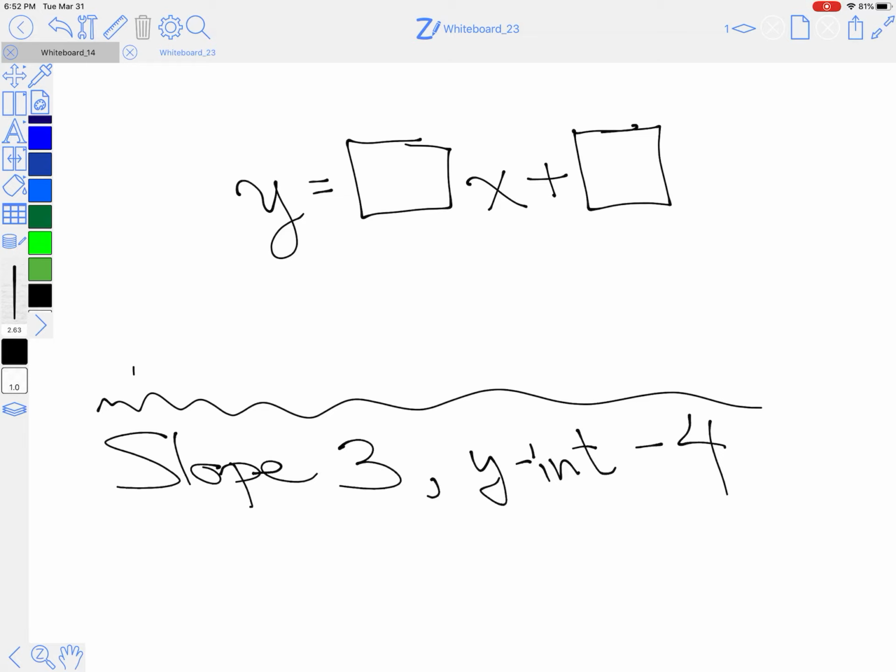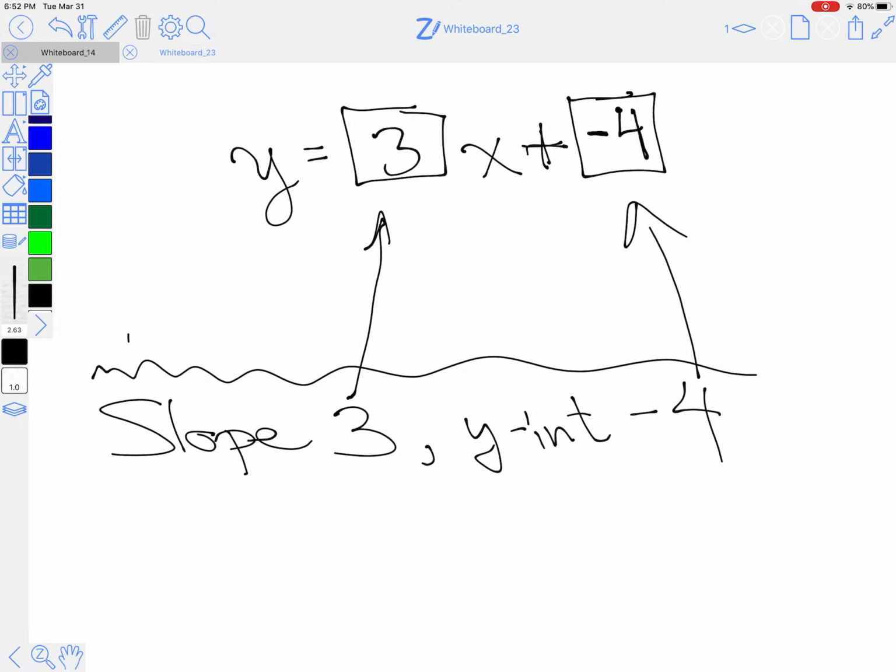Well, we're just going to fill those two boxes in. Slope 3, so go ahead and put the 3 there. Y-intercept is -4. Well, they say plus. So if they say plus, I need to make sure I put my negative sign with the 4.